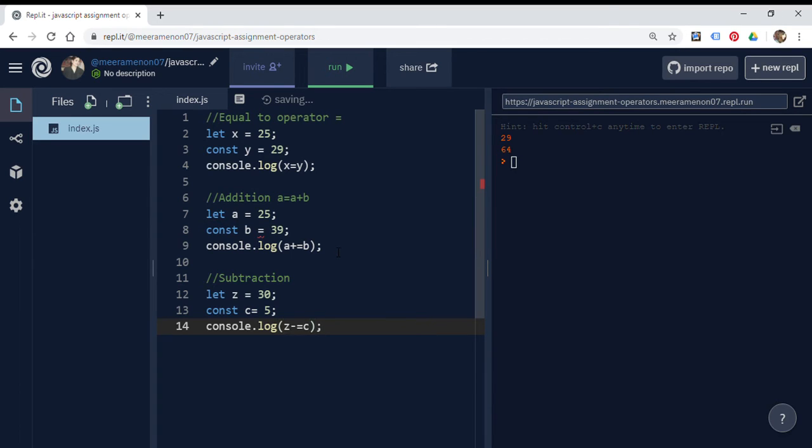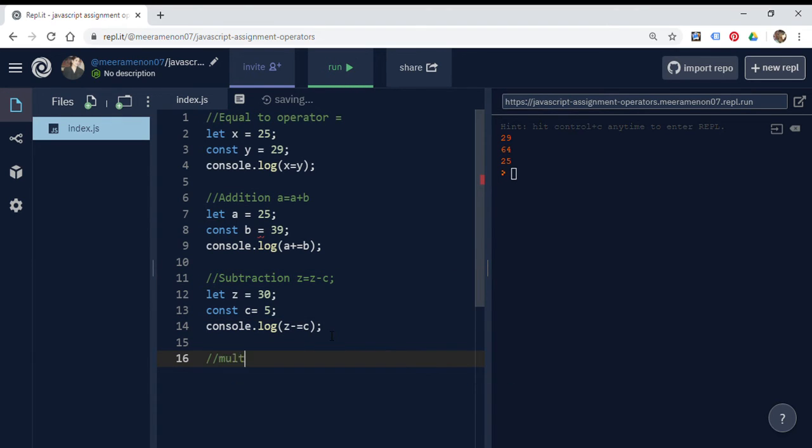What does that mean? z equals z minus c. It's the same thing. This is like shorthand for z equal to z minus c. So instead of that, z minus equals c. Run. 25, right? 30 minus 5.